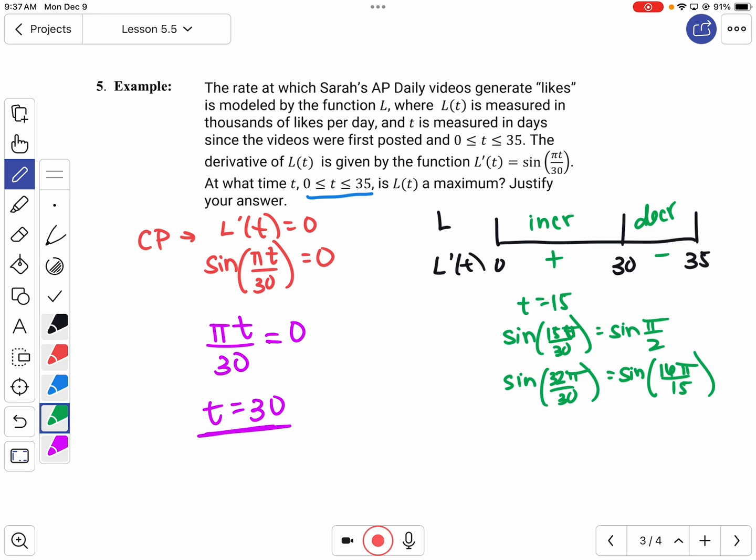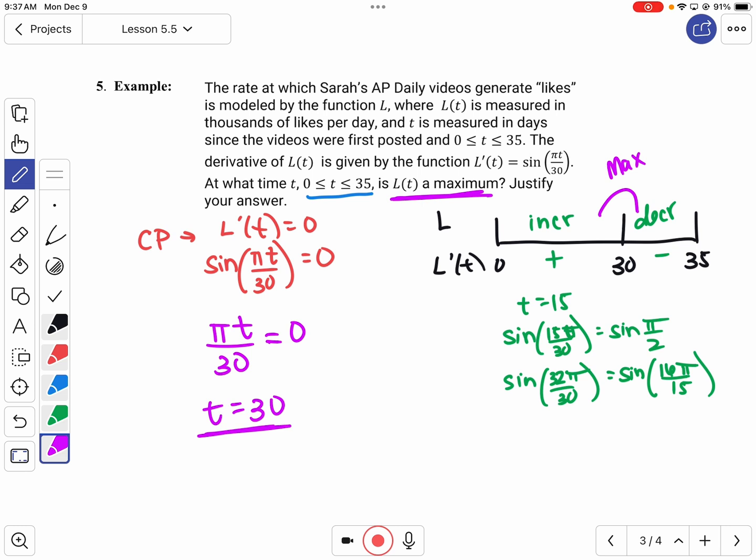Okay. So it's asking me where is L of t a maximum? Notice it didn't say absolute, it just said a maximum. So let's look at it. If I go from increasing to decreasing right there, that's definitely going to be a max. But this time we've got to think about the endpoints to make sure that we don't have some kind of max at those points.